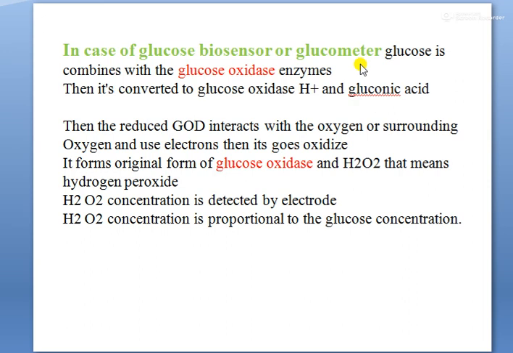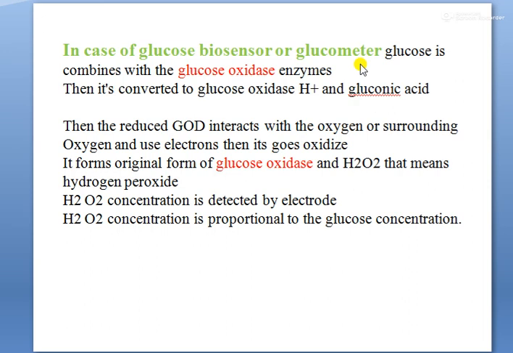Then the reduced GOD, that means glucose oxidase, interacts with the surrounding oxygen and gets oxidized. After oxidation, it returns to its original form, that is glucose oxidase, and it also forms H2O2, that means hydrogen peroxide.